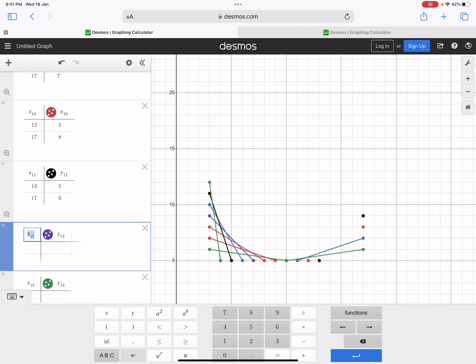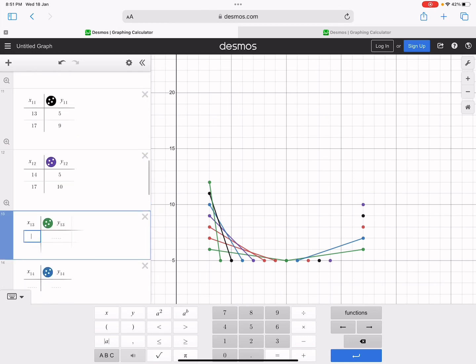We can clearly see how we're making progress, and we're completing the circle. 14 stays the same, increasing by 1. We increase it by 1. 5 stays the same, 17 stays the same, and this becomes 11.